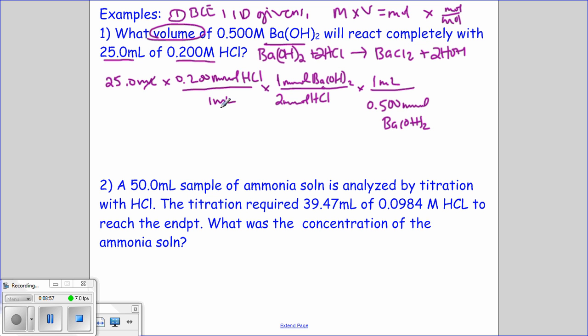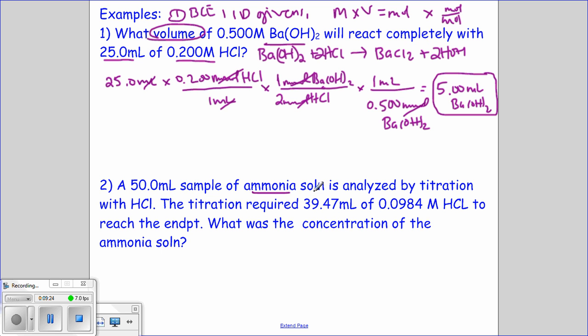So far, the milliliters have canceled, the millimoles of HCl have canceled, and the millimoles of barium hydroxide have canceled. This leaves us with, let's see, sig figs here, 5.00 milliliters of the barium hydroxide solution. You could convert that to liters, but this works for me because most of the time our volumetric analysis questions require very small volumes. All right, next one.